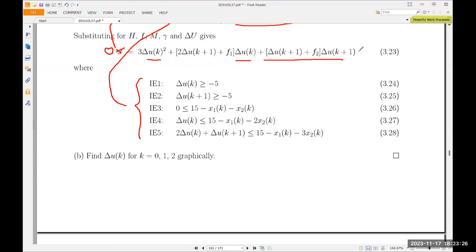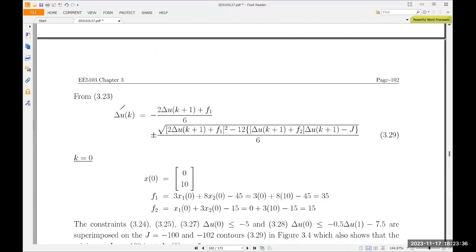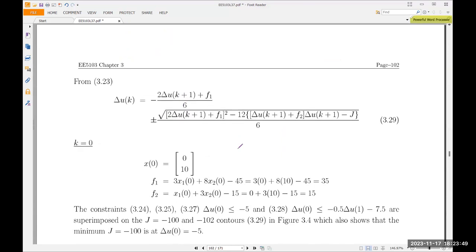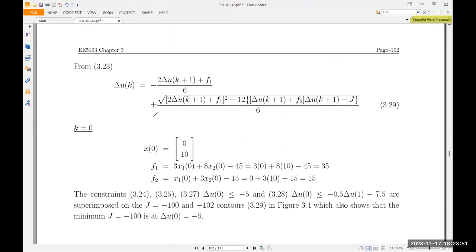Put J over this side. Okay, so then you can solve for UK. If you solve for UK using the quadratic solution, minus B plus and minus square root of B squared minus 4AC, over 2A, you will get this. Okay, now later on you will see why I get that. So let's start.